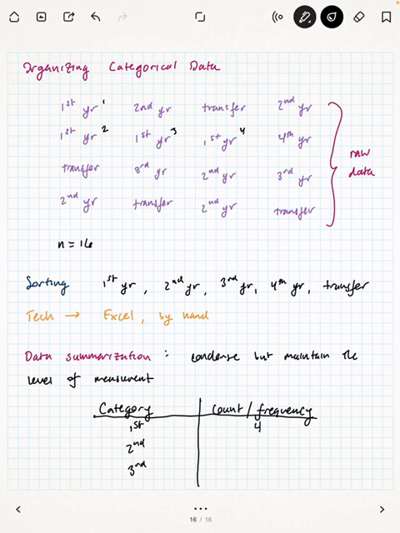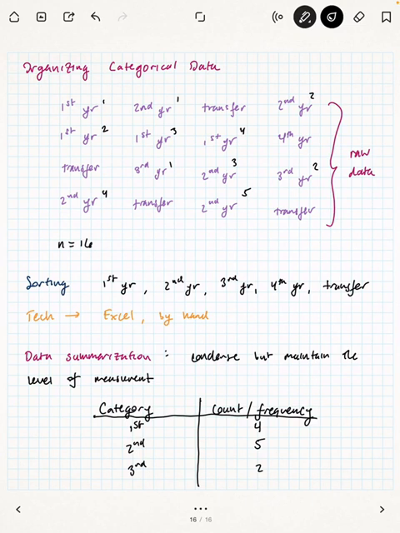So we put a 4 there, corresponding to the first year students. For second year students, right, how many are there? There's 1, 2, 3, 4, 5. How many third year students? 1, 2. And so on, until we finished going through our entire data set.